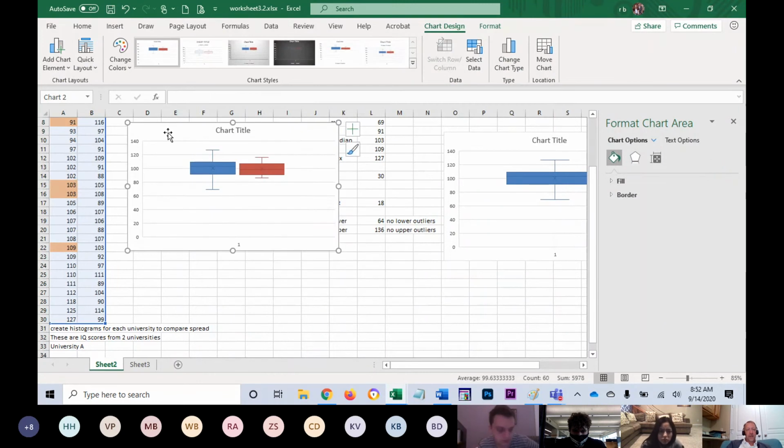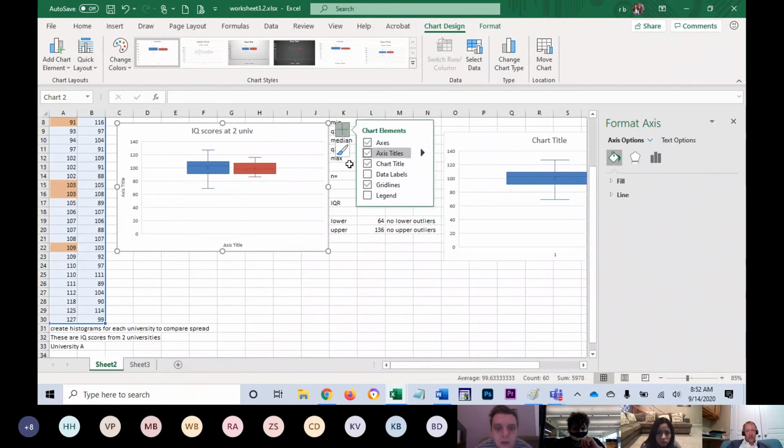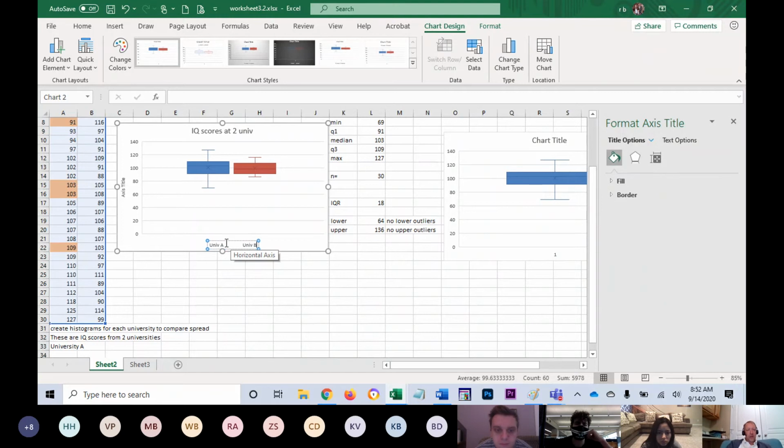This is nice because they put them in different colors, but you could put IQ scores at 2 universities. The only thing I would say here, that one doesn't mean anything. You'd add some axis labels here, and you would put University A, University B, and you would put IQ scores.